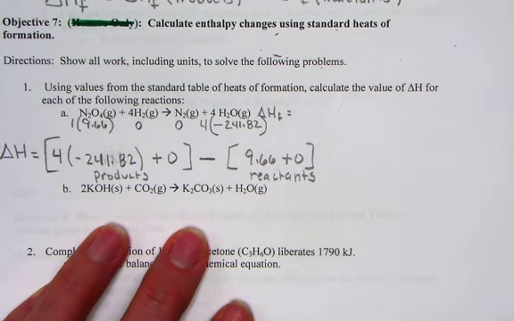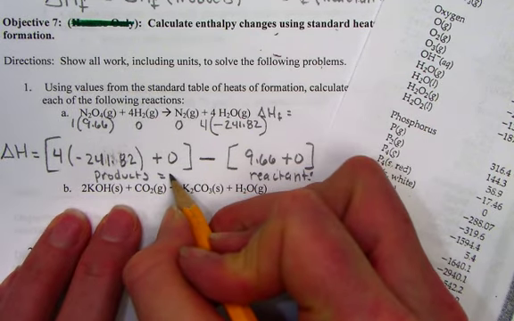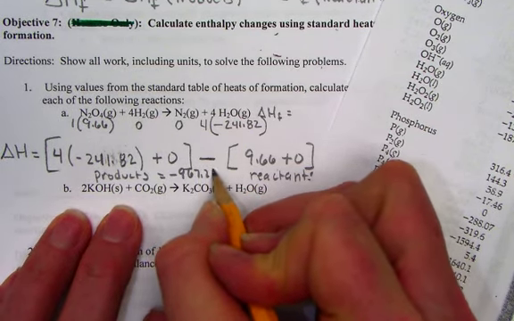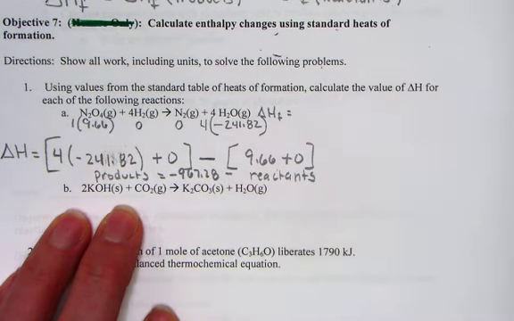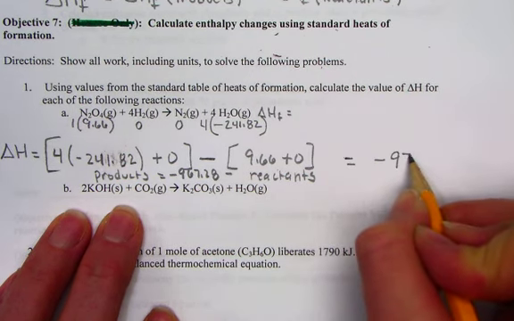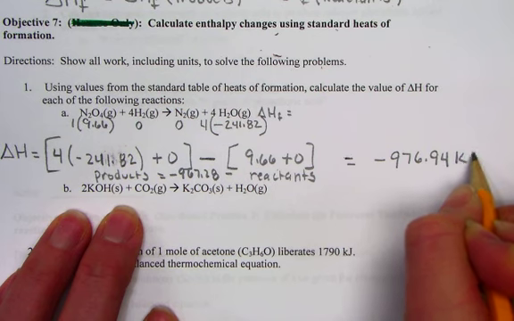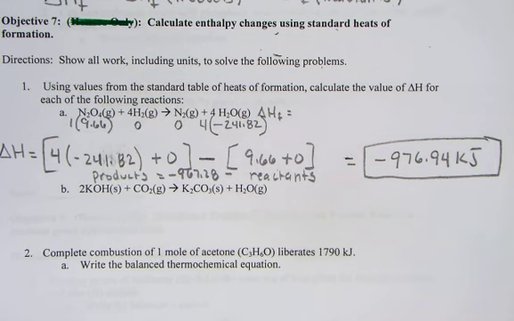Let's see what we find. 4 times negative 241.82 equals negative 967.28, minus the value of 9.66, and I'm finding negative 976.94 kJ. Products minus reactants gives me an exothermic value, negative 976.94.